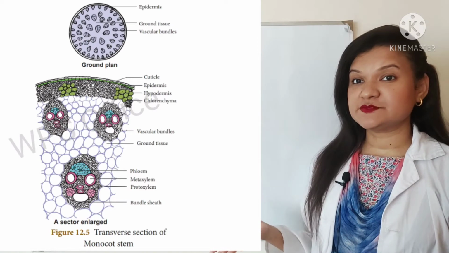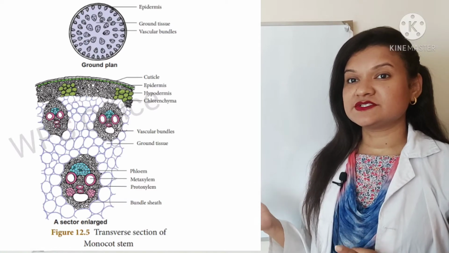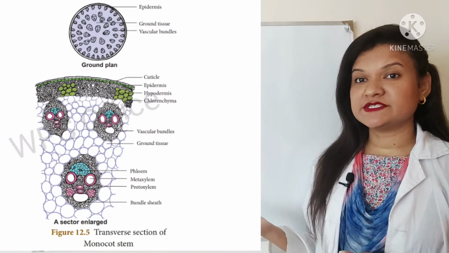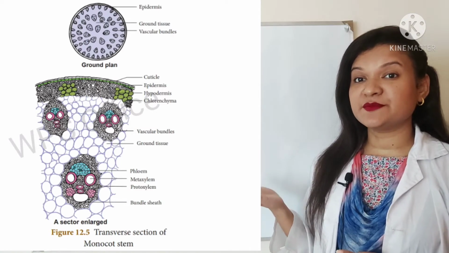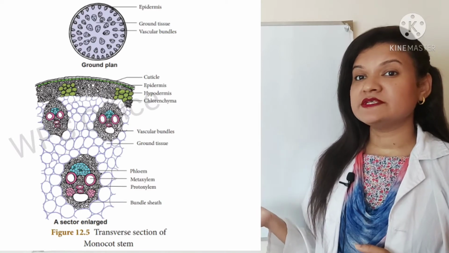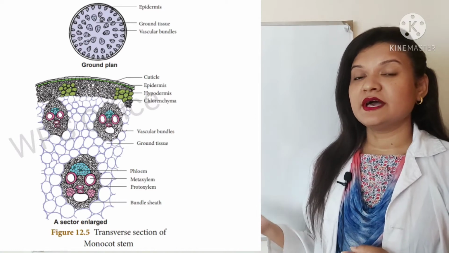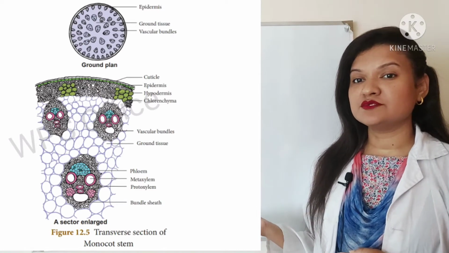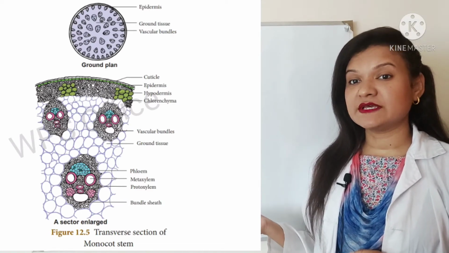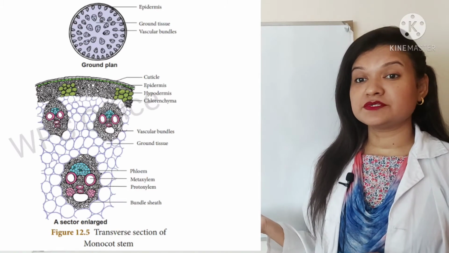Here epidermis is present and vascular bundles are scatteredly arranged, and here cuticle is present, and after the cuticle, the epidermis. After the epidermis, hypodermis is present, and then parenchyma, and then vascular bundles and ground tissue, and you can see the phloem, metaxylem, protoxylem and bundle sheath. So this is our transverse section of monocot stem.